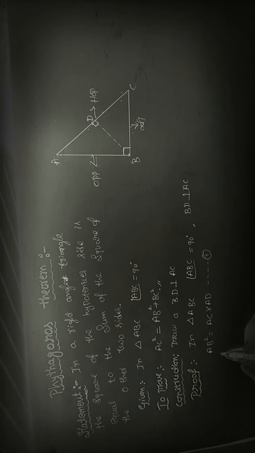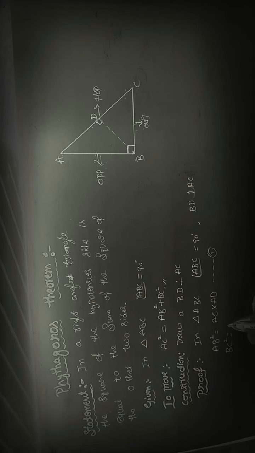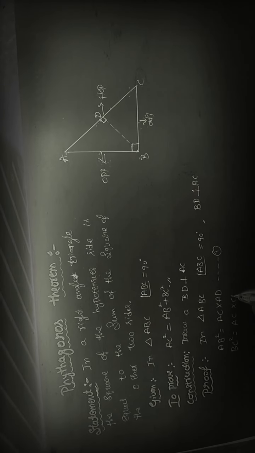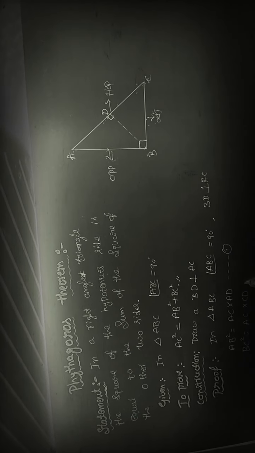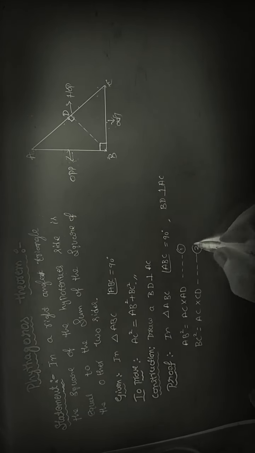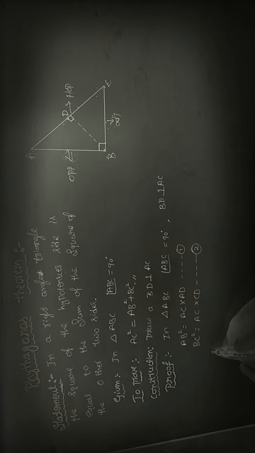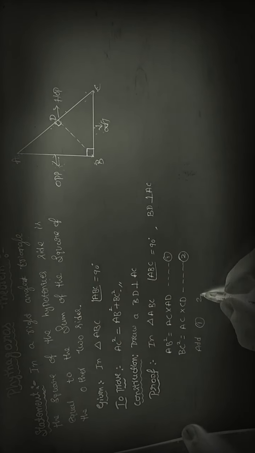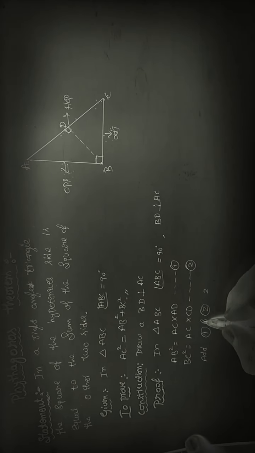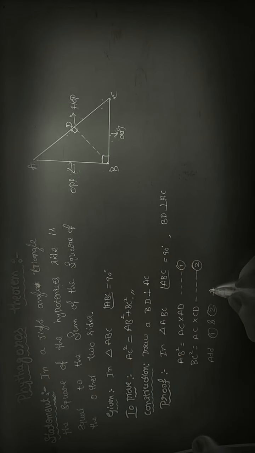Then BC square is equal to AC into CD. Call this equation 2. So now we need to add these two equations, 1 and 2.